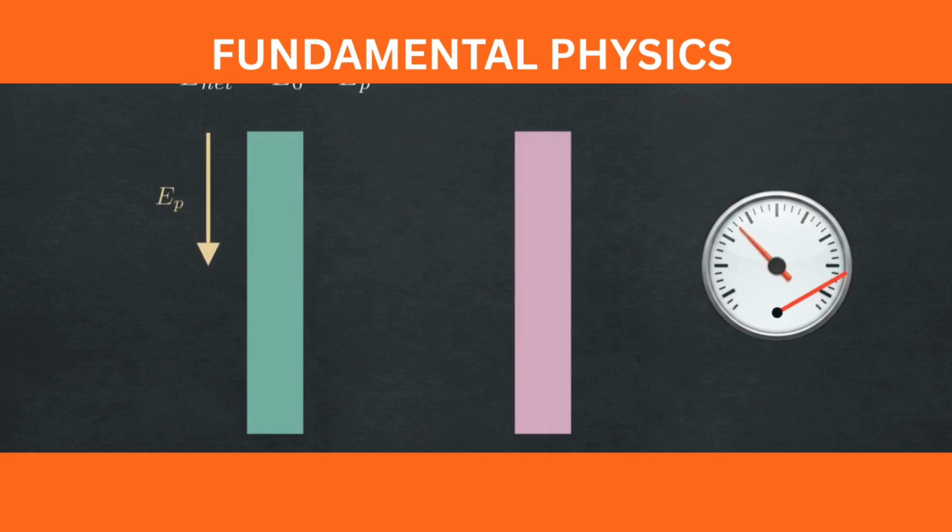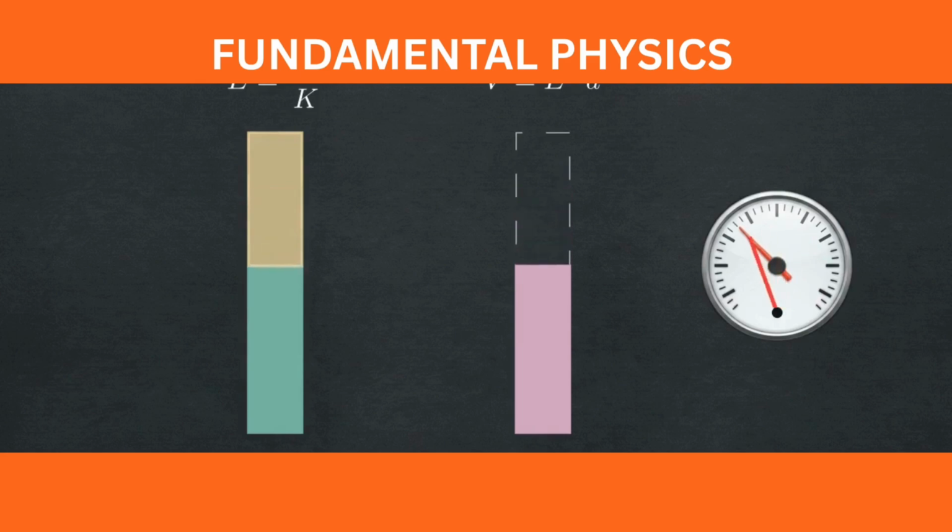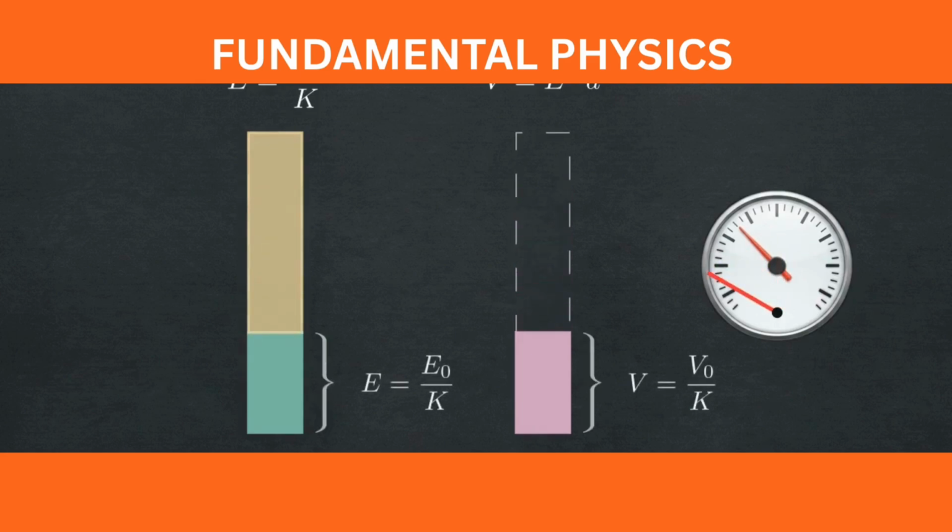The net electric field, E, becomes the original field minus the induced field, reducing the total strength to E0 divided by K. Because the terminal voltage, V, is the spatial integral of field strength over the distance between the plates, any change in the field is reflected in the voltage. As the internal field drops, the terminal voltage proportionally drops to V0 divided by K.